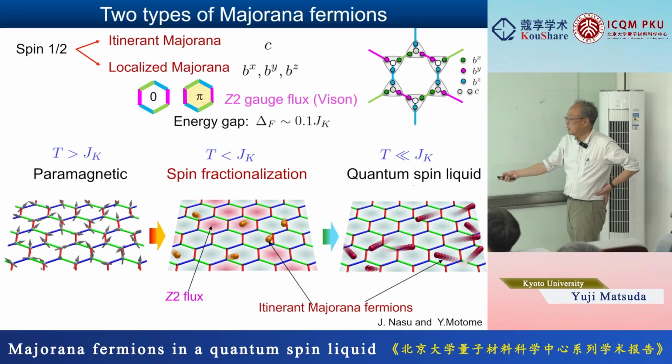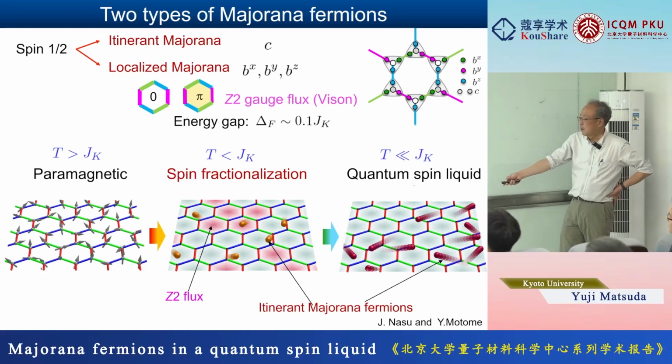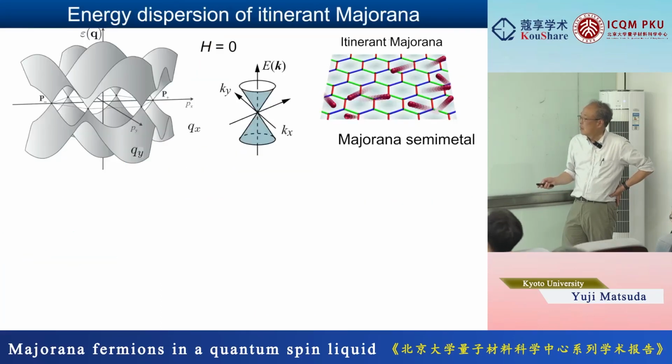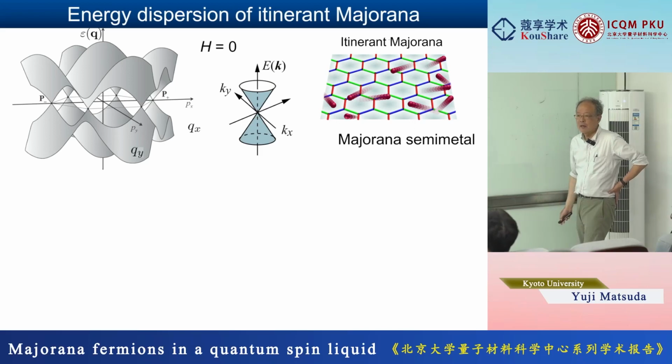And at very low temperature, this Z2 flux with gap disappears, and the itinerant Majorana fermions move around the honeycomb lattice. And this is a truly quantum spin liquid state. This fermion moving in the honeycomb lattice is very similar to graphene. So as expected, the excitation has a Dirac cone. This is the same as graphene.